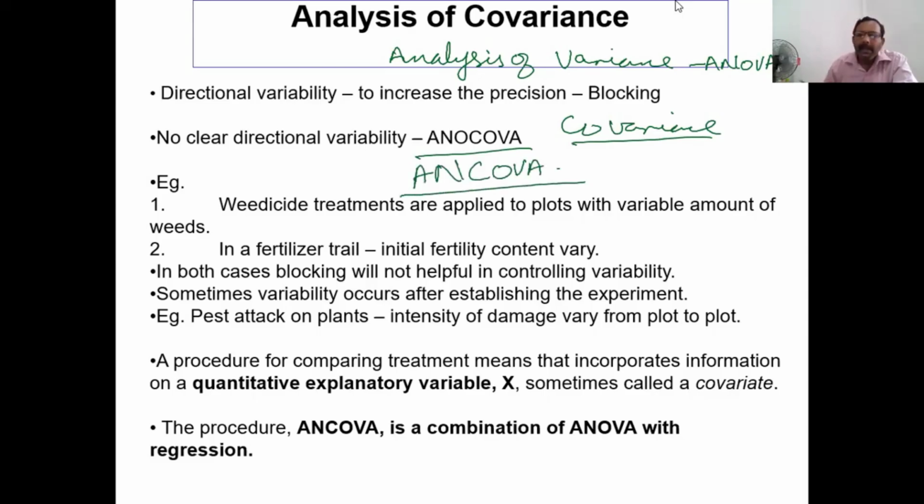Same thing. Sometimes if you see ANCOVA or ANOCOVA, all are the same. ANOCOVA means analysis of covariance. So this part, COVA, is actually referring to the covariance.